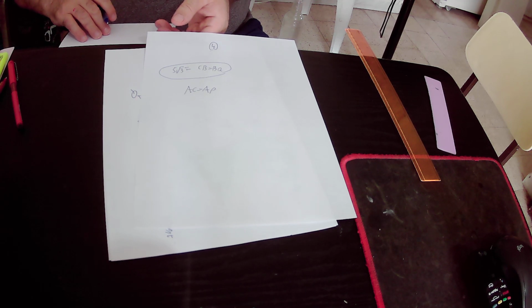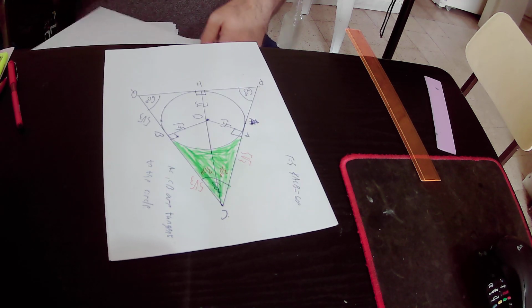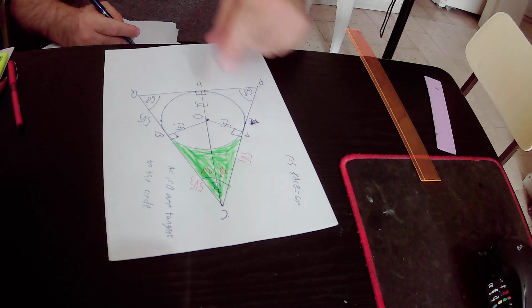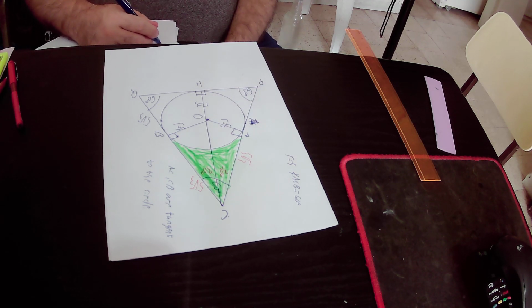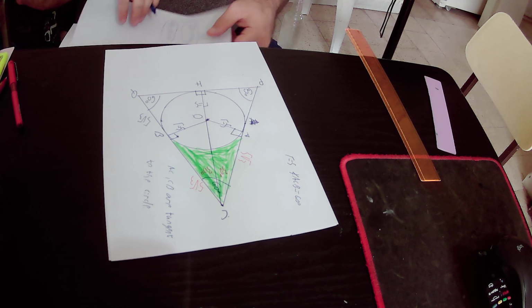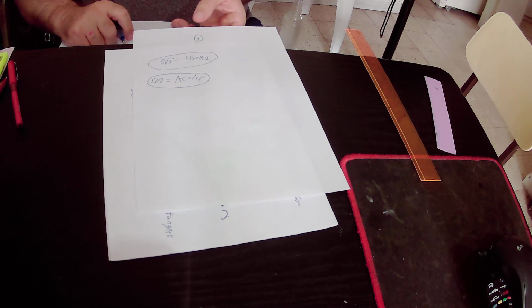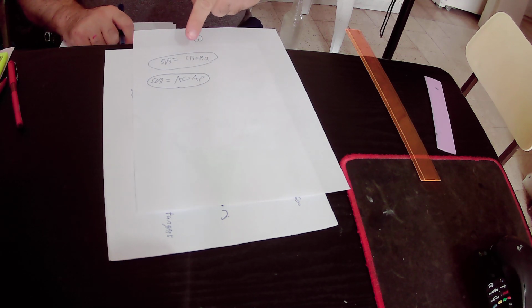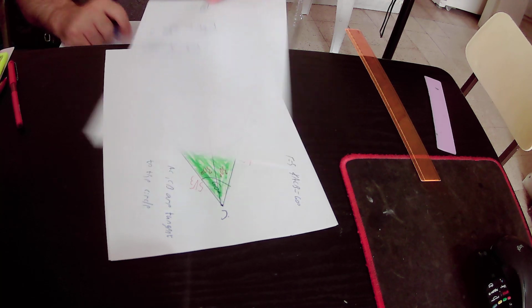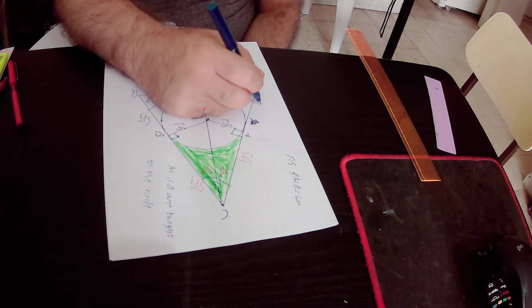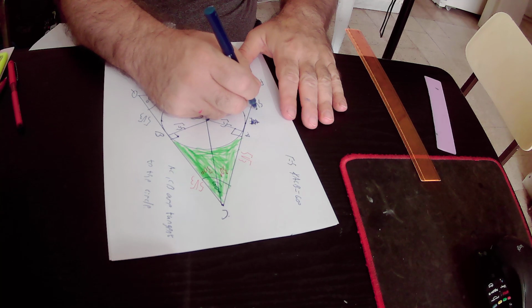AC equals AP, but we have already found out that AC equals 5 times root 3, so from this equality we can derive that AP also equals 5 times root 3 units.